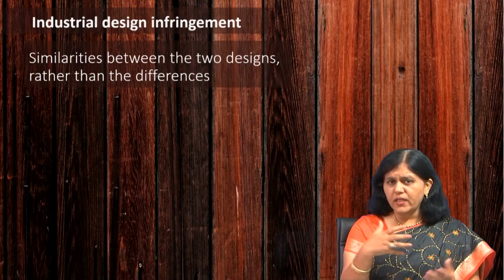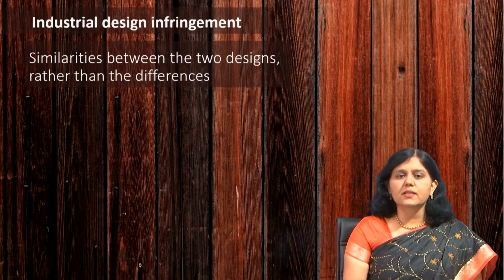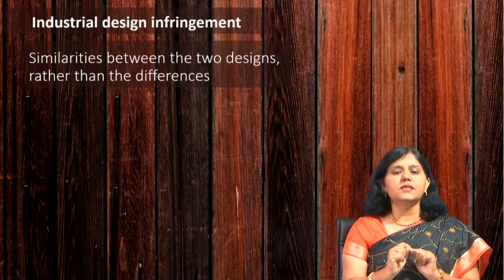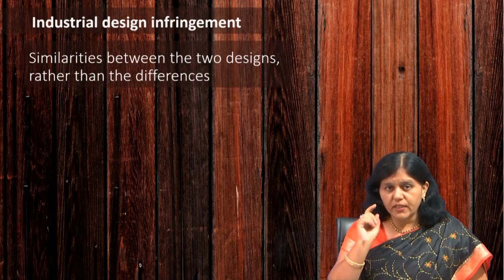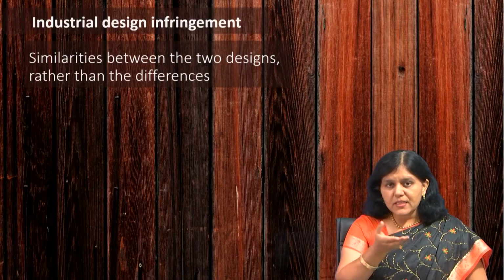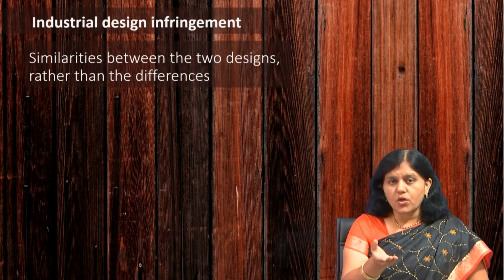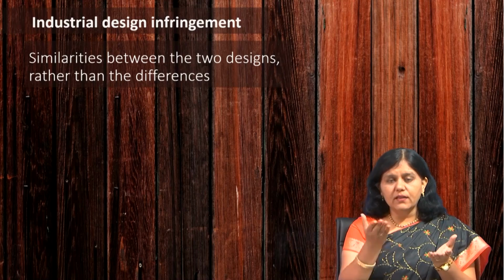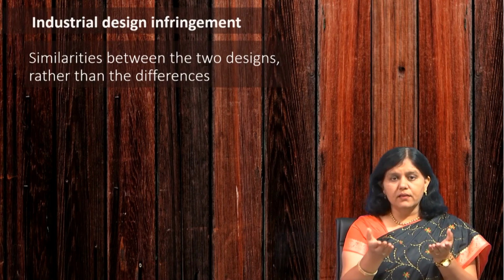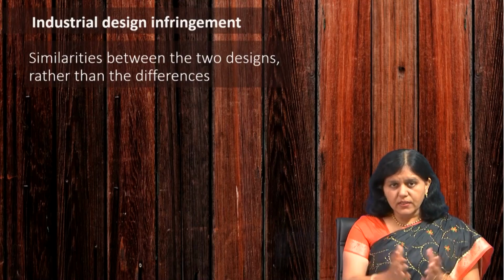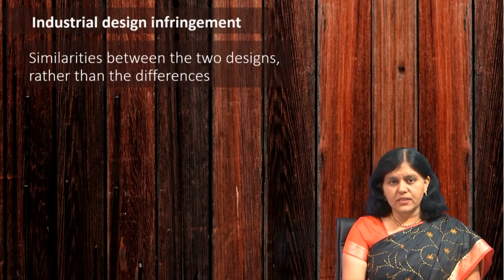So, in any jurisdiction, when infringement is checked, the visual appearance is taken into consideration, and within that the similarities between the two designs are taken into consideration. So, the original one and the one against which the complaint is made, the similarities will be focused on rather than the differences.